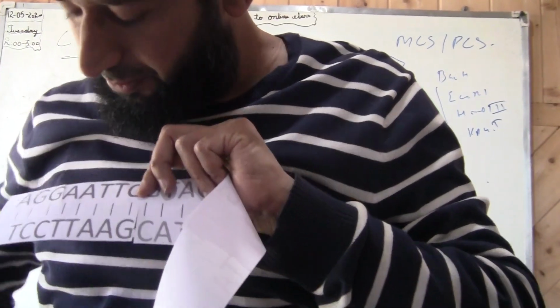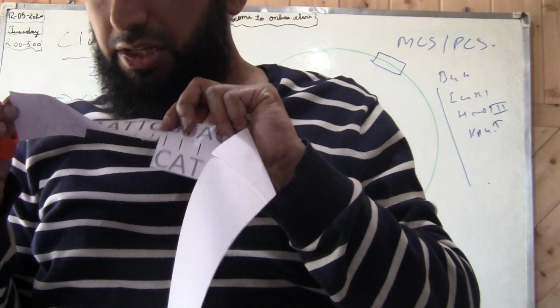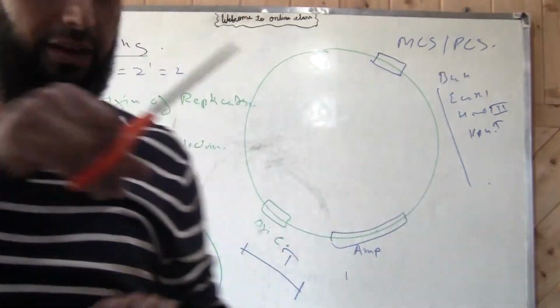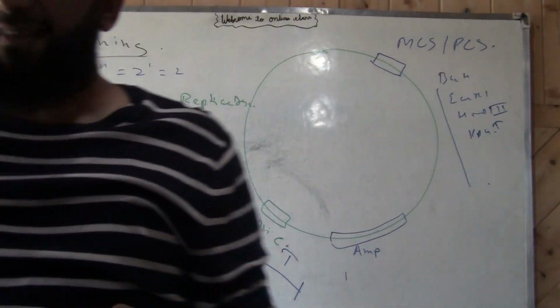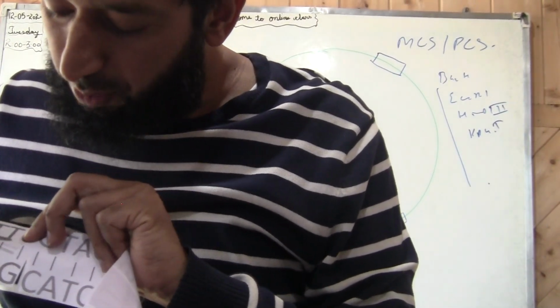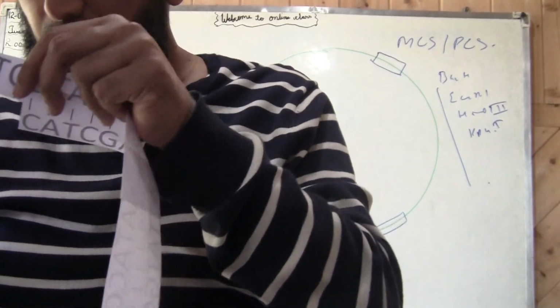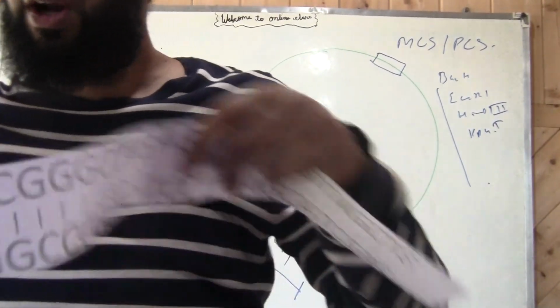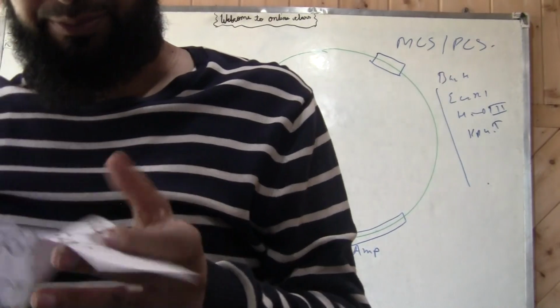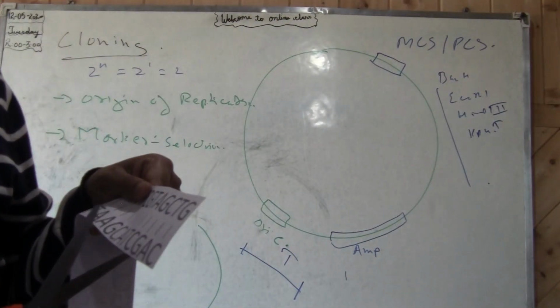We are digesting the insert also with the restriction enzyme that was used to digest the vector, so the same restriction sites are at the ends of both, because they are compatible. So we'll cut it like this. This is the end you got. These are called compatible ends, and the ends they have produced are sticky ends.